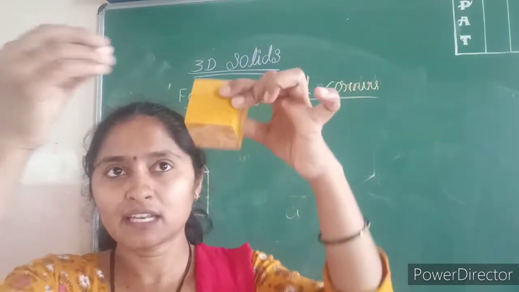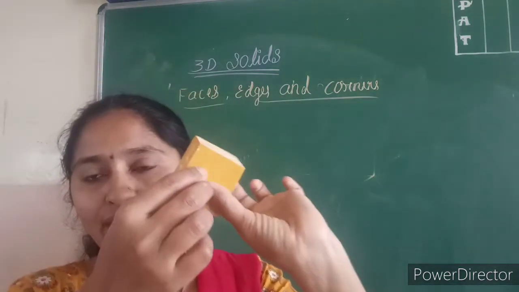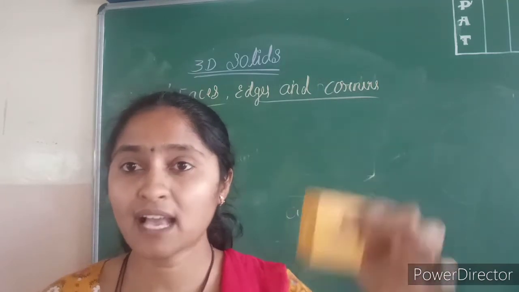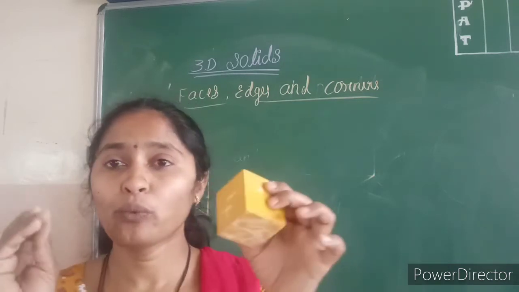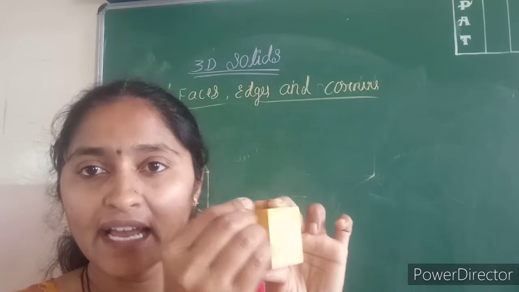Here again we have one, this is 5, and here one more, this is 6. So in total, how many faces does a cube have? It has 6 faces.